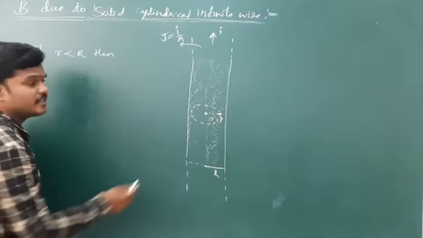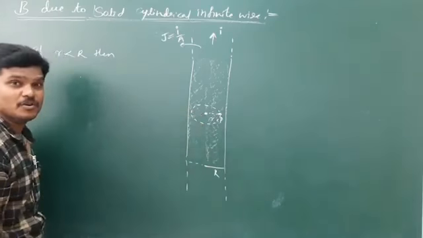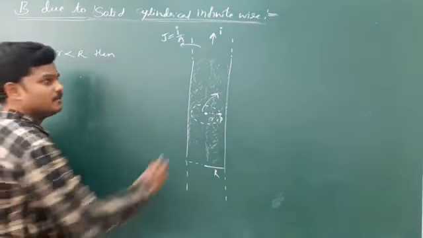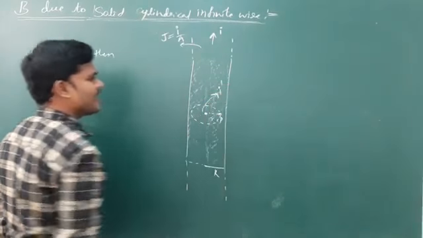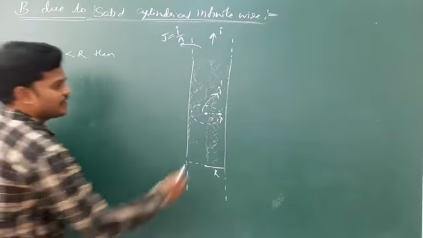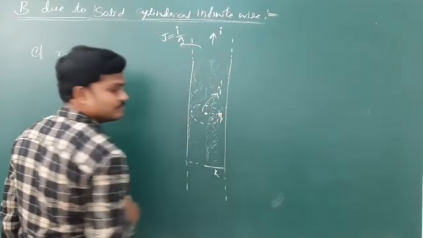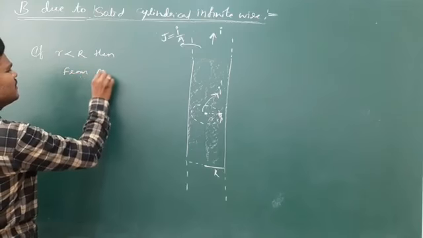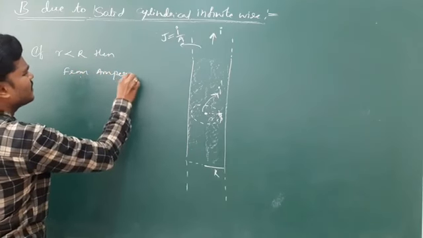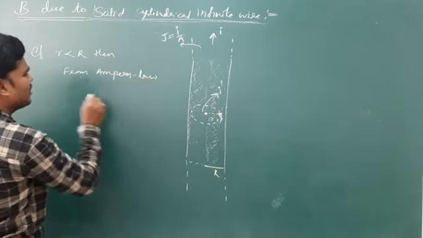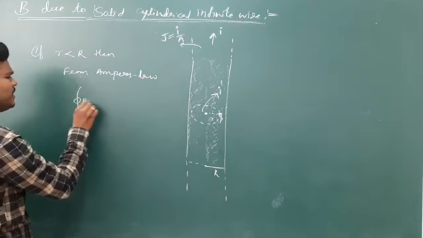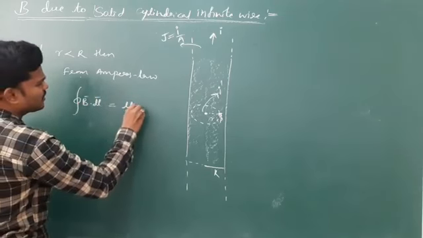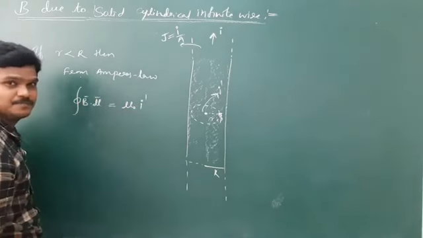Earlier the current enclosed by this loop was 0, but here there will be some current, okay, there will be some current. So this is something I dash. And here there will be a magnetic field. So again, from Ampere's circuital law, integration of B dot dl, of course vectors, equals mu naught I enclosed.